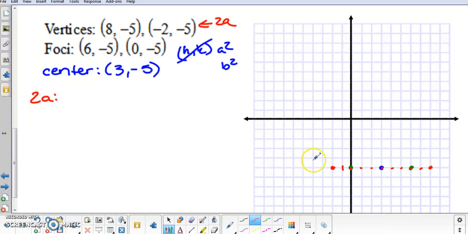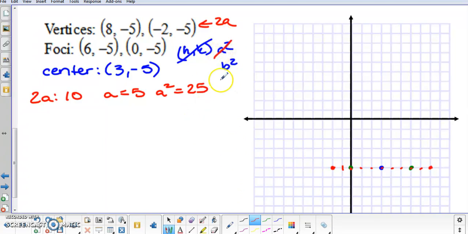So from vertex to vertex, I've got 10. I could also go from vertex to center and go 1, 2, 3, 4, 5. And that would get me my a, because remember, your a is the length from your center to your vertex. So then that means a squared equals 25.